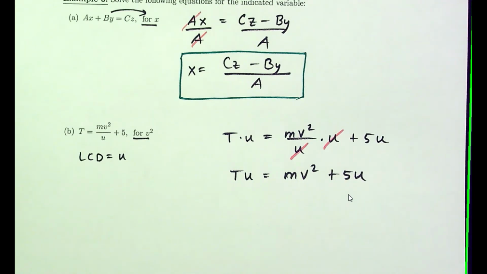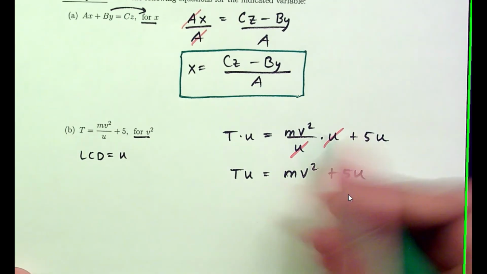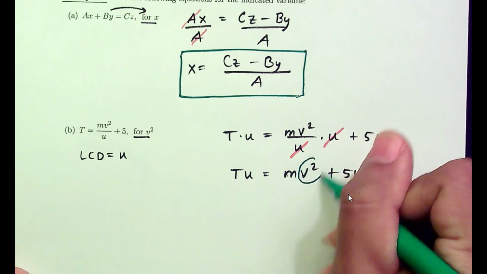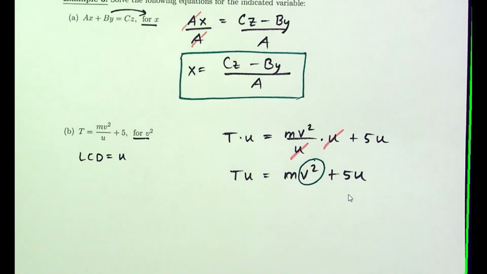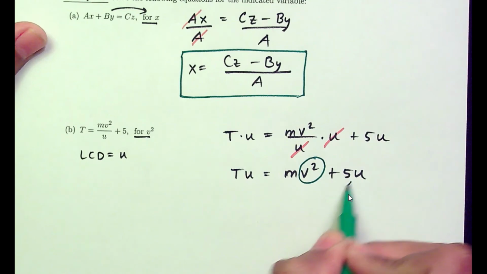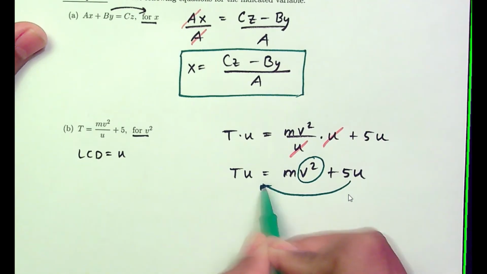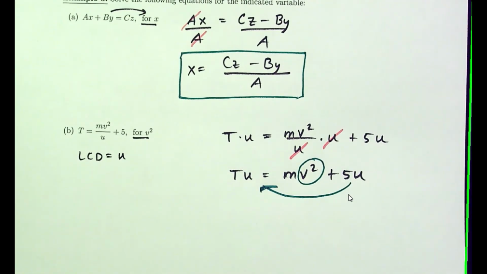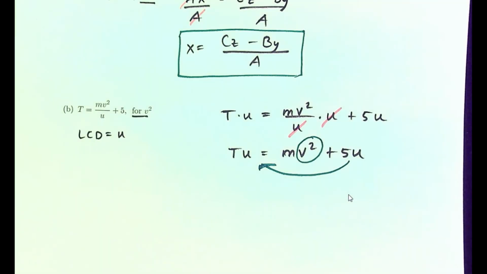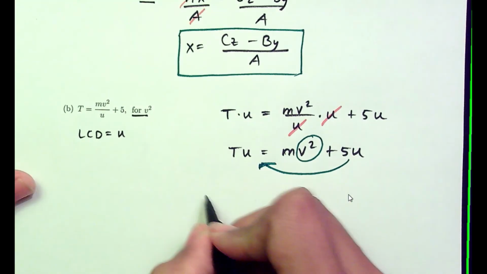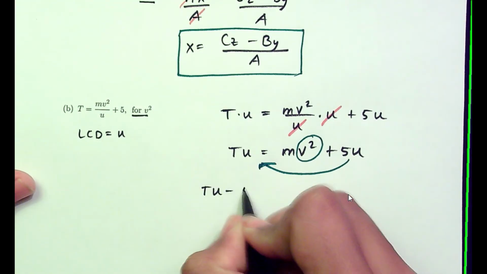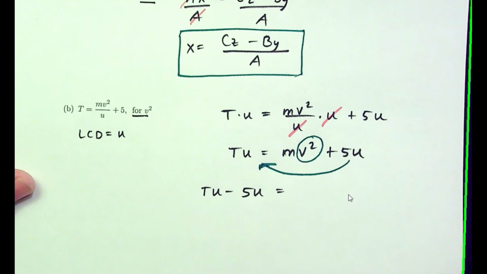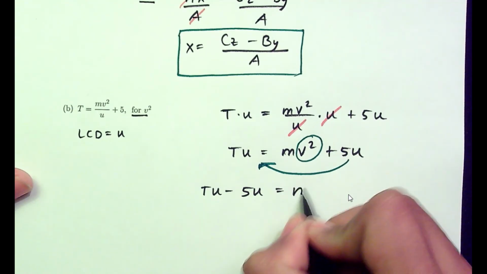Now remember, our goal is to have this v squared all by itself. So that means this 5u needs to move to the other side. So let's subtract the 5u and move it to the other side. This is going to be tu minus 5u equals mv squared.